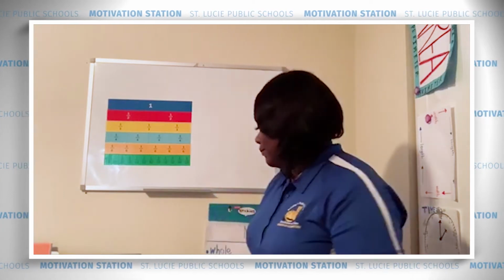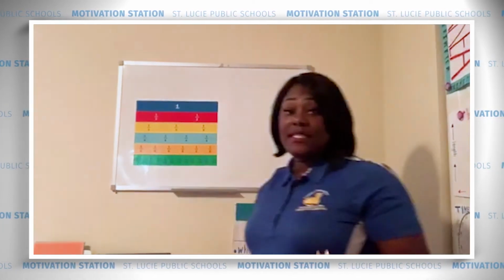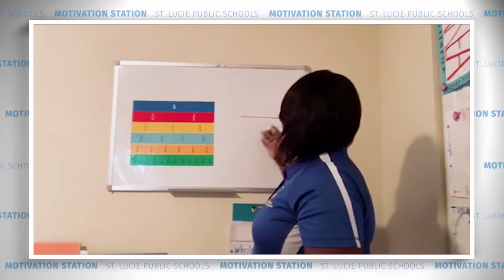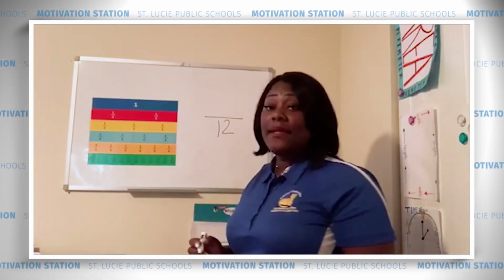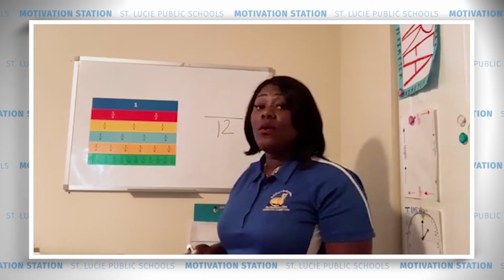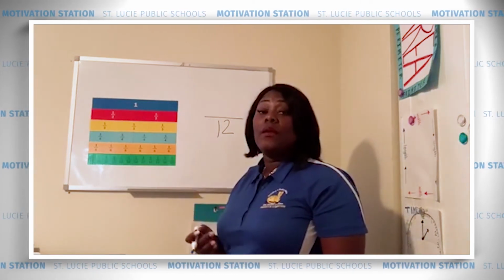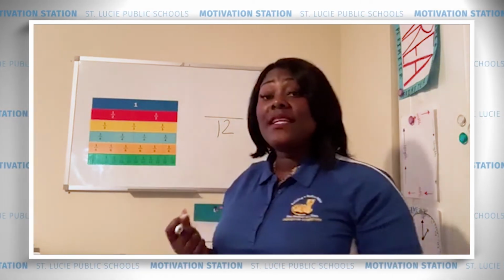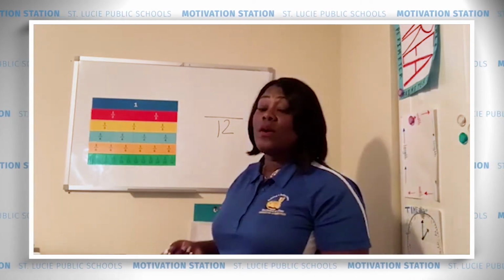In our last lesson, we took 6. We cut each of those 6 in half, and we ended up with 12 parts. We were trying to figure out, well, how do you write a fraction to describe one of those 12 parts? Well, let's examine fractions. We know that the bottom part, or the denominator of the fraction, represents how many parts the whole has been parted into. When you take 6 and you part them in half, you end up with 12 parts.